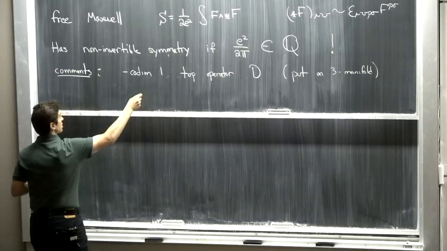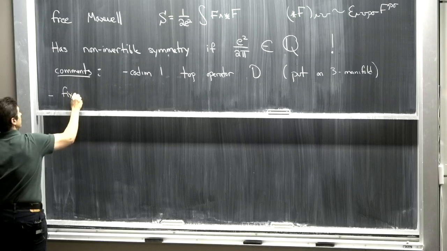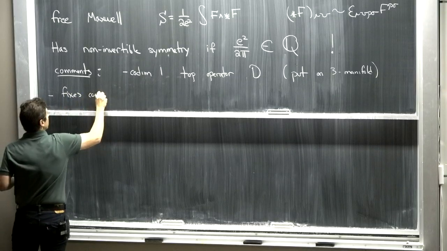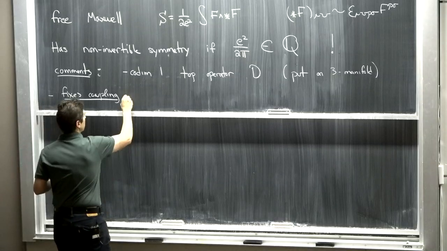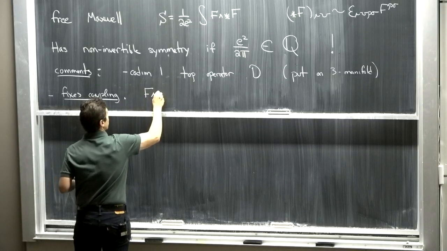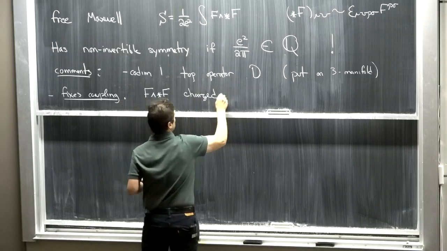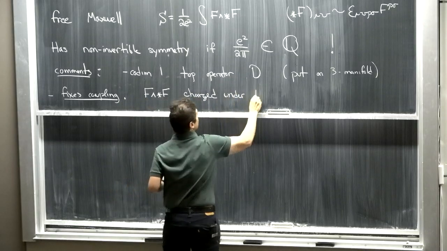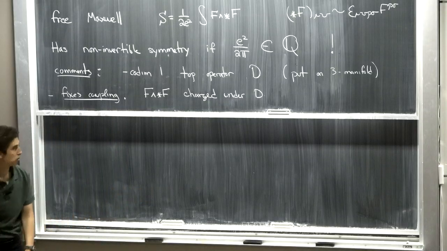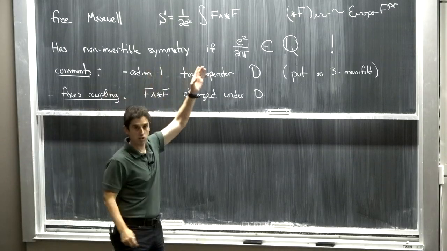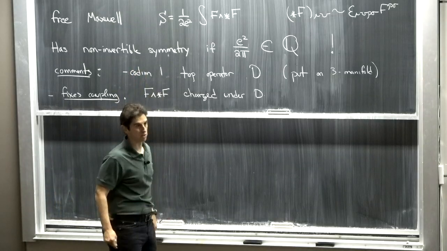And the second thing is just coming back to belaboring this point. This is fixing the coupling. In other words, f wedge star f is charged under D. Right, so usually you think there's no ordinary symmetry under which the Lagrangian density is charged in Maxwell theory, but we're going to find some symmetry today.